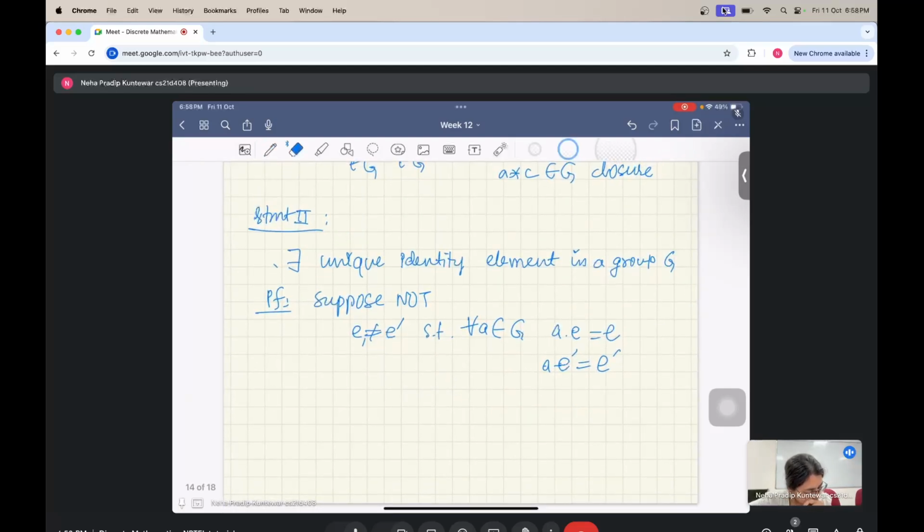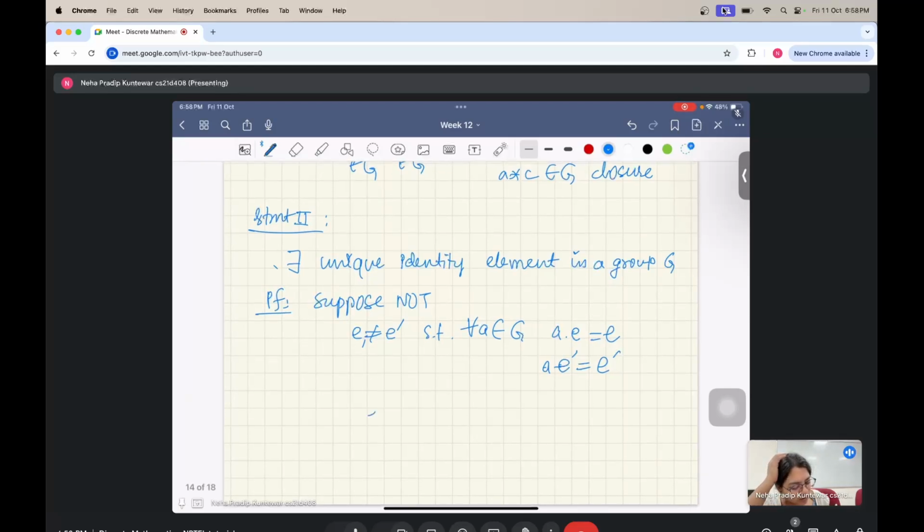Okay, now what I'll do is I'll multiply these with E prime.